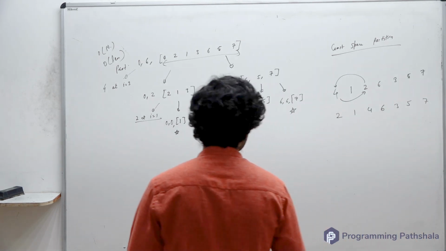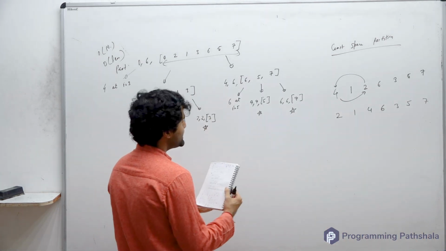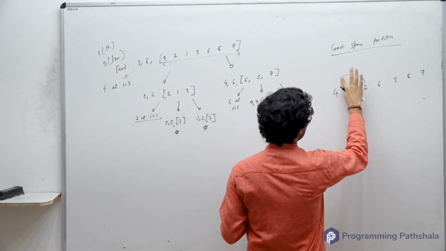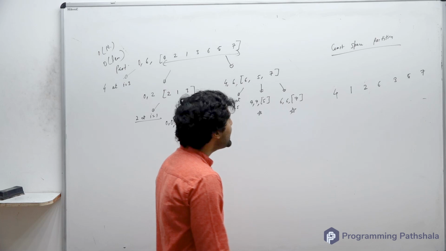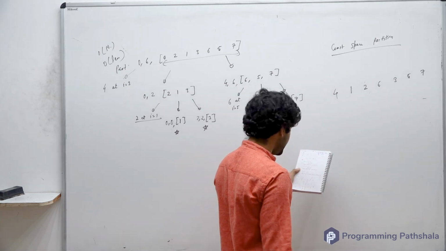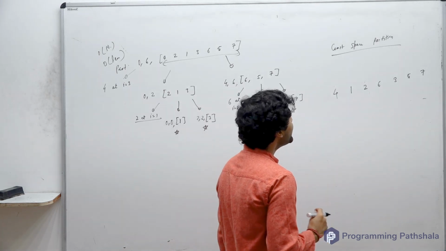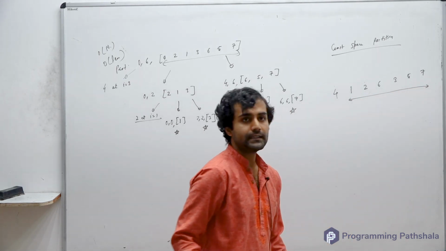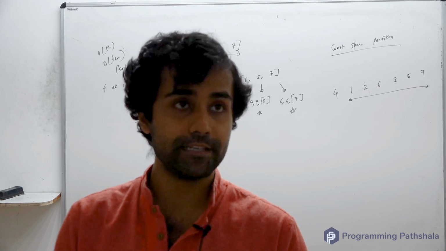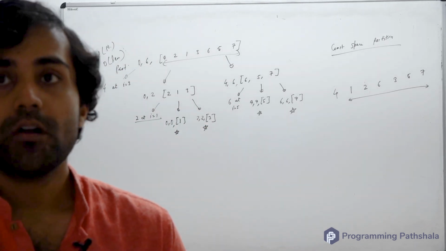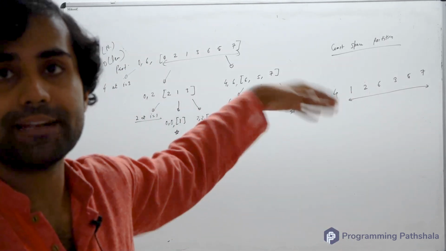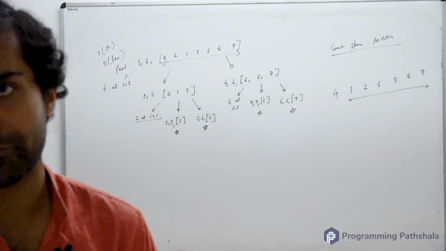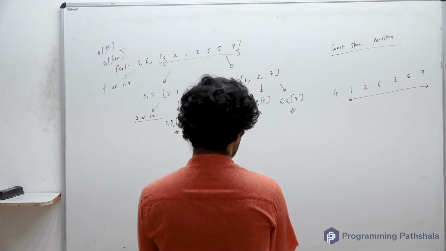Without using any extra space. Let us try to understand that. I am reconsidering this array 4 1 2 and so on. Let's say I consider the first element as my pivot. I want these elements to get organized so that all elements smaller than or equal to 4 are on the left of 4, and all elements strictly greater than 4 are on the right side of 4. How to do that?